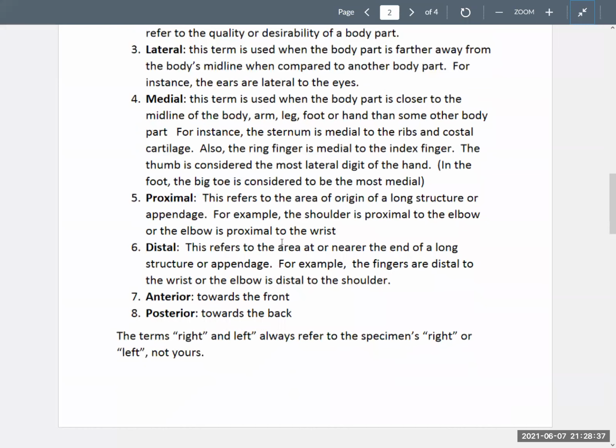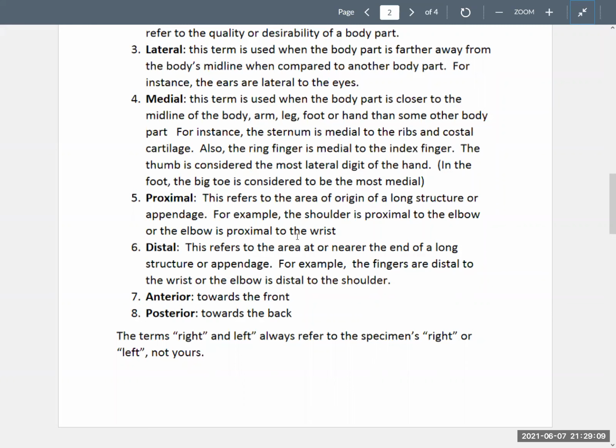Proximal refers to the end where something originates. So if you touch your shoulder, that's the proximal end of your arm. Run your hand down your arm to the humerus or upper arm bone, and you're going distally, in the most distal part of your arm all the way out to the tips of the fingers.